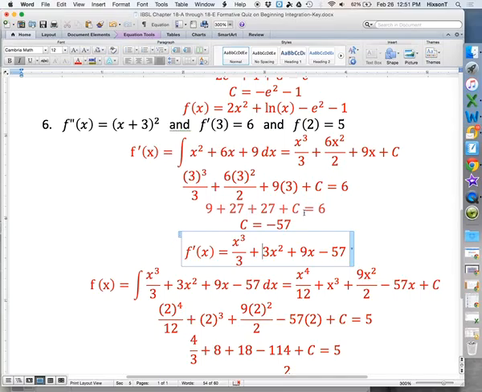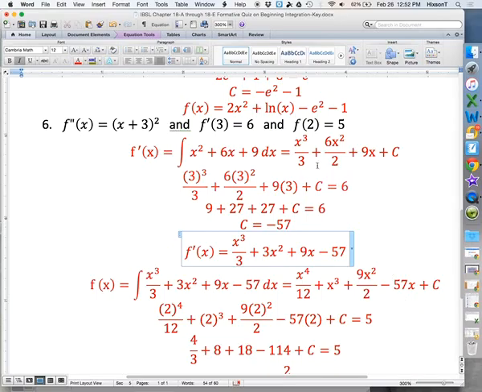Okay? So now we know what the derivative is, so we can integrate the derivative to find the original function. We take the integral of this derivative, x to the 4th over 12 plus x cubed plus 9x squared over 2 minus 57x plus c.